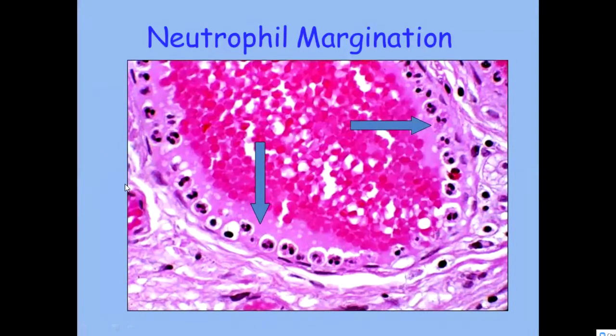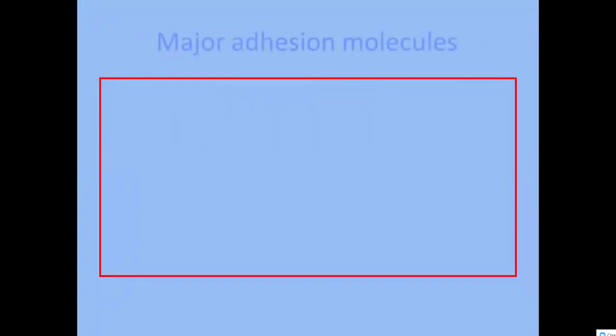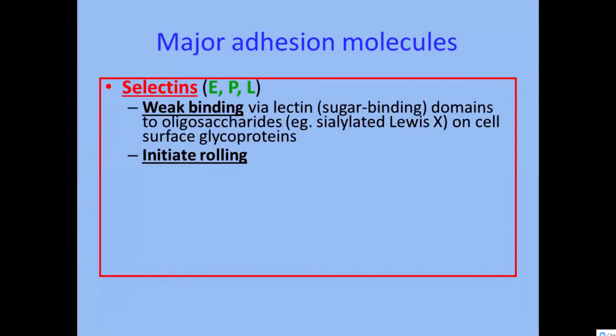So this is margination. Leukocyte adhesion. Leukocyte adhesion occurs by the interaction between the complementary adhesion molecules, CAMs. Your textbooks refer to it as CAM, complementary adhesion molecules on leukocytes and endothelium. The major adhesion molecules are selectins: E-selectin, P-selectin, L-selectin.